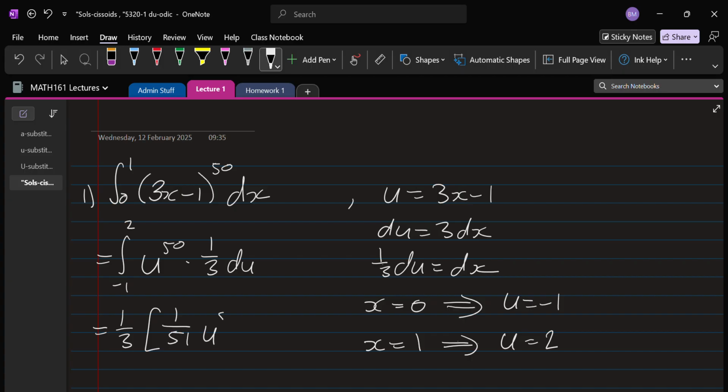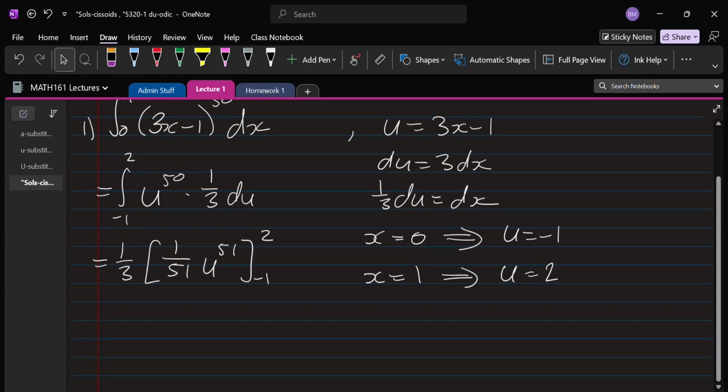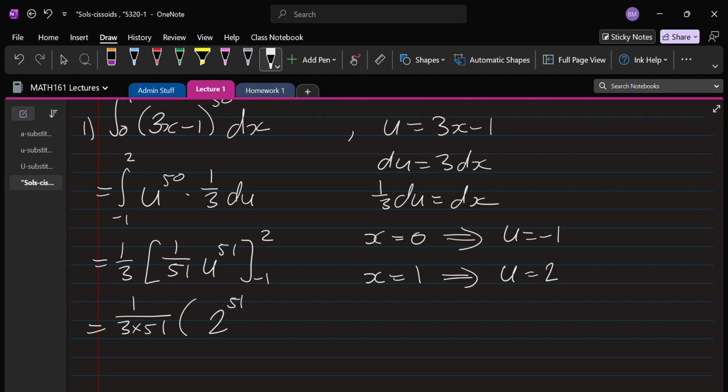Now because we have the bounds, we need to find the antiderivative and then evaluate. So this is going to be 1 over 51, u to the 51, from minus 1 to 2. So this will be 1 over 3 times 51, 2 to the 51 for the upper bound, minus (minus 1) to the 51 for the lower bound.